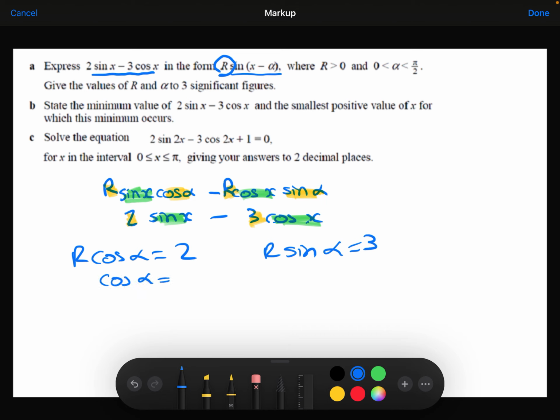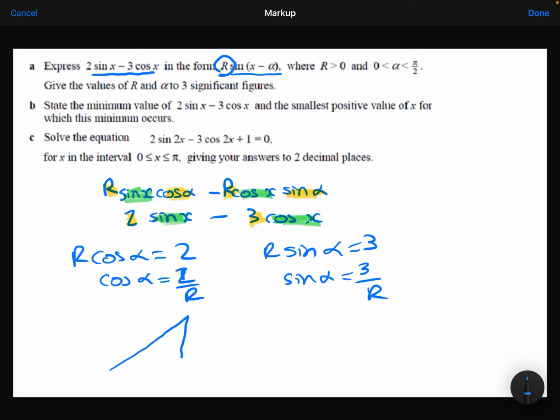Now I'm just going to divide both of those by the r to get our trigonometric ratios, so that I can draw a little right angle triangle where I say that this angle here is alpha. Now I know cos is the adjacent divided by the hypotenuse, so the adjacent is 2, the hypotenuse is r, and I know that sine is the opposite divided by the hypotenuse, so the opposite is 3.